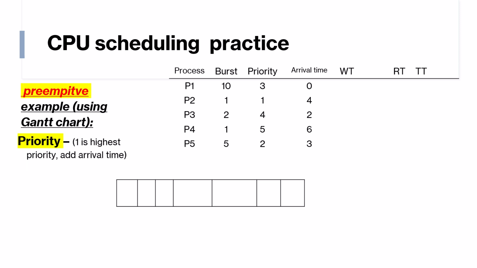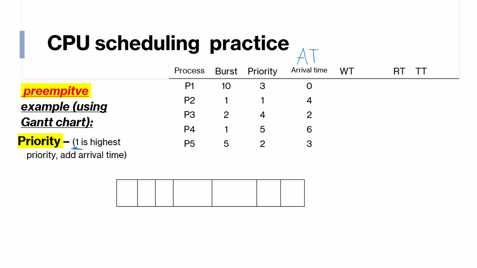All right, now we're going to do preemptive priority. So for preemptive priority, you have to take into account the priority of the process, where 1 is the highest priority. And you also have to decide if the process has arrived or not, because you don't get a good practice on the exercise unless processes are preempted.